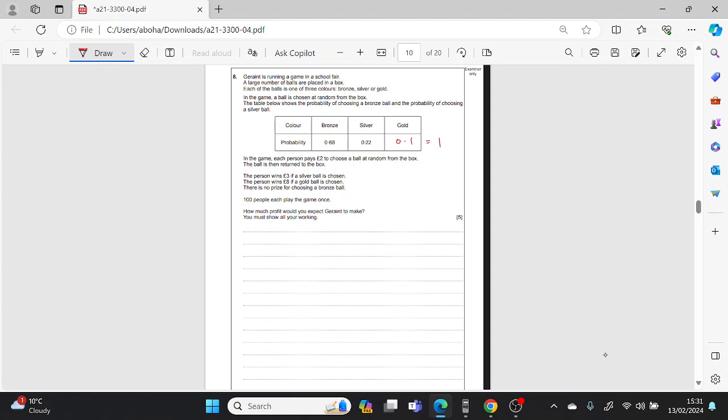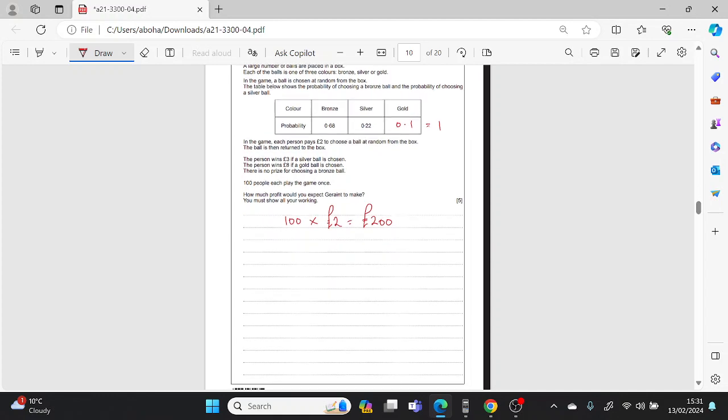Okay, so let's start from the beginning here then. How much money is he going to take? Well, 100 times £2 a game, so it's £200. So the question now is this: how much are they going to pay out?